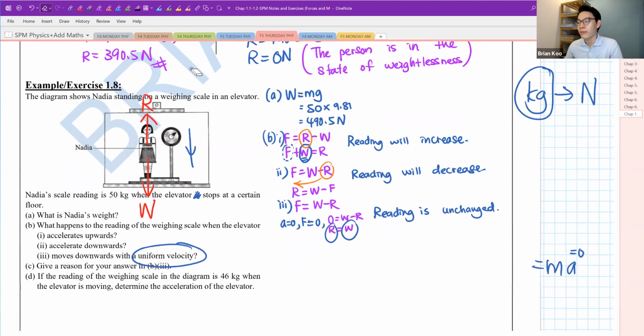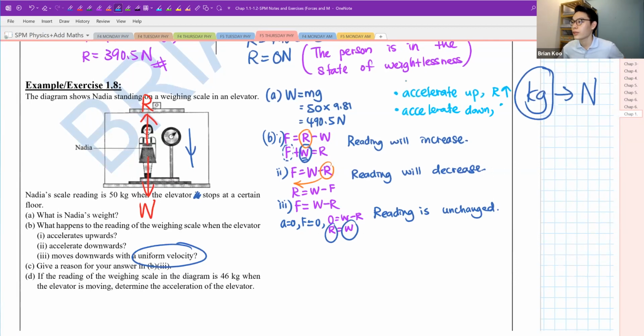If you really want to memorize, you can think of it like this. You will notice something. Accelerate upwards, the reading also will go up. Accelerate downwards, the reading also will go down.